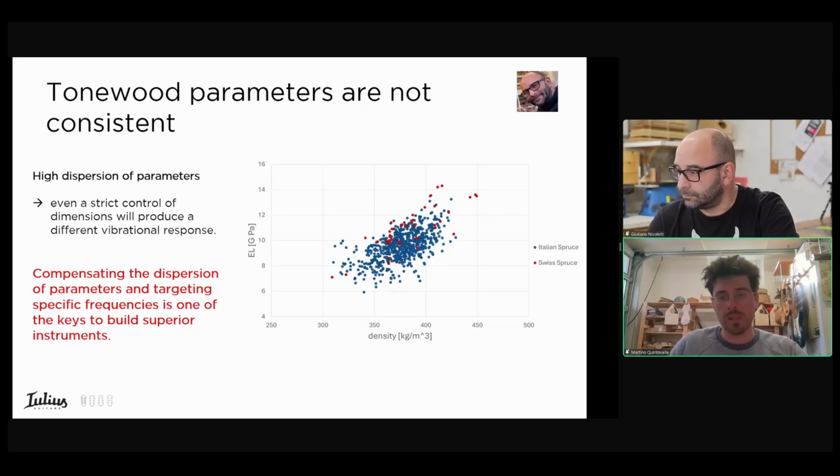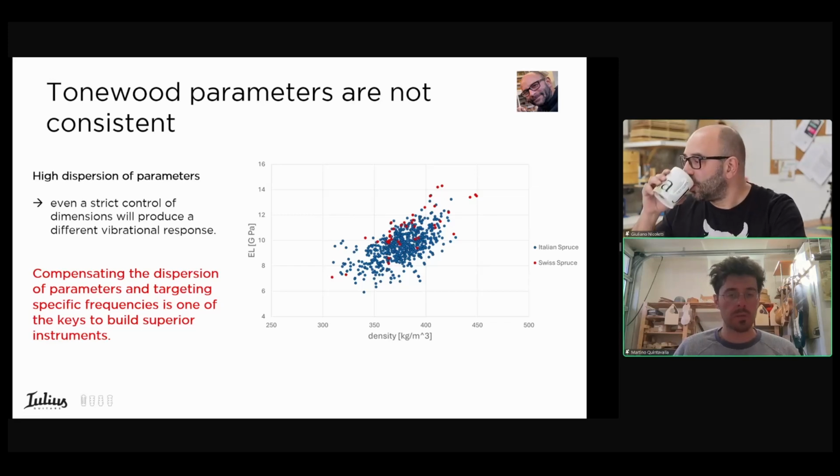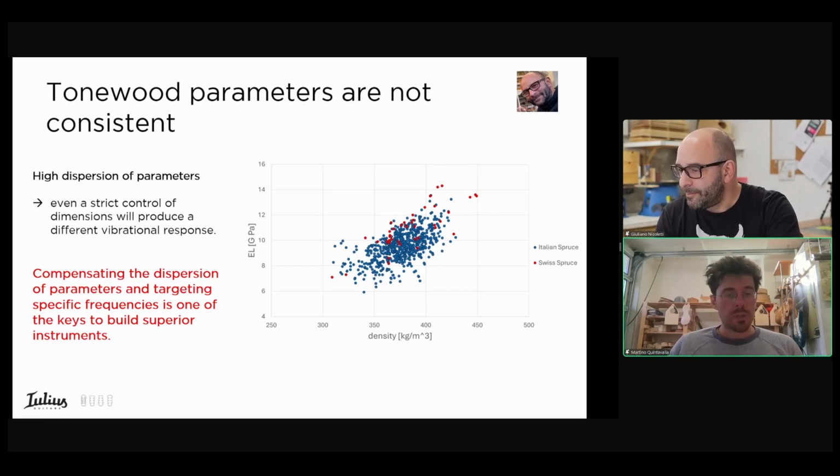If you look at the blue points about the Italian spruce, it's all spruce coming from the same place, which is the Val di Fiemme in Italy. All spruce from the same cellar. So basically, all trees that are cut in the very same region, which is a relatively small region, and you can see that density can vary quite a lot.